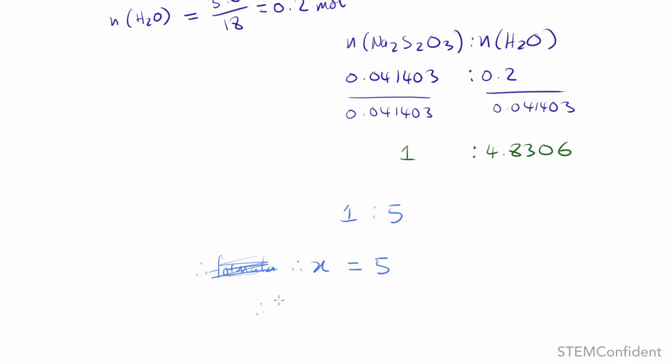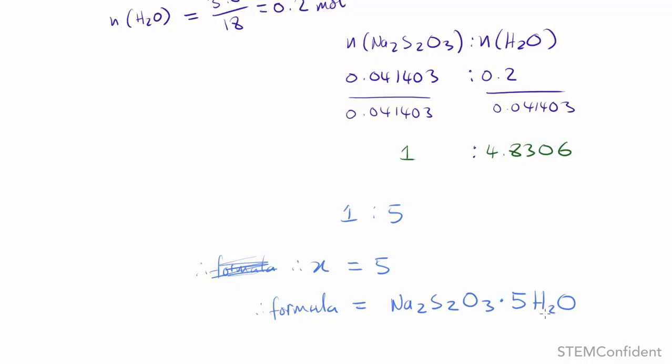And therefore the formula is equal to Na₂S₂O₃·5H2O, right?